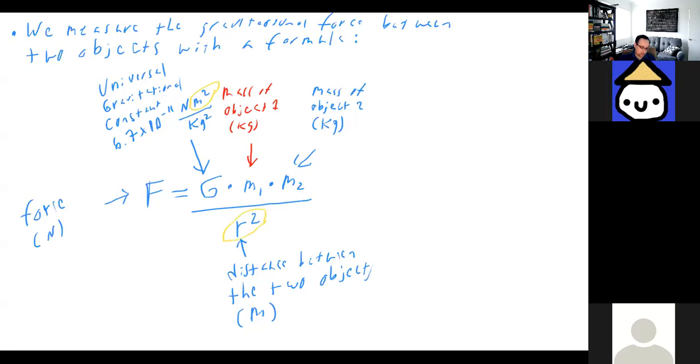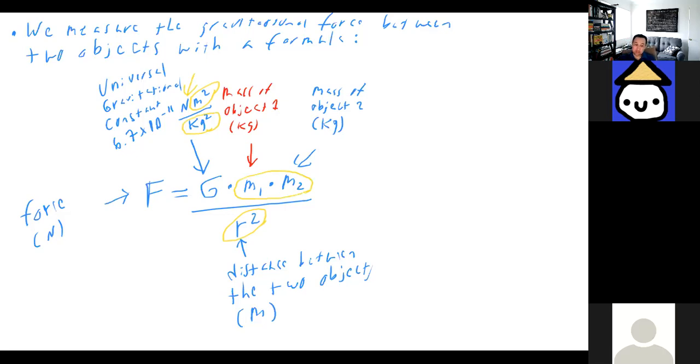Meters squared will cancel out. You've got kilograms squared on the bottom of G, then you're going to have kilograms squared on the top over here. Kilograms squared will cancel out. So all you're left with is your final unit in newtons. Okay, so that's how the unit cancellation works here.